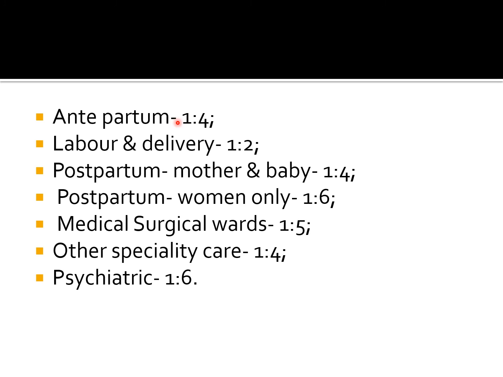Also, in the antepartum ward or in the antenatal ward 1:4, labor and delivery ward 1:2, postpartum mother and baby 1:4, postpartum women only 1:6, medical surgical ward 1:5, other specialty care 1:4, and psychiatric unit 1:6.